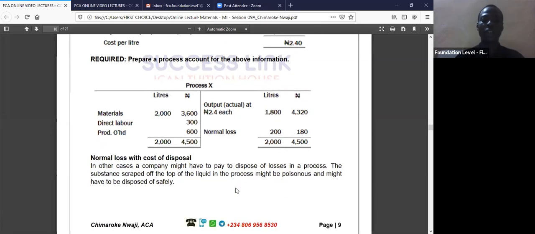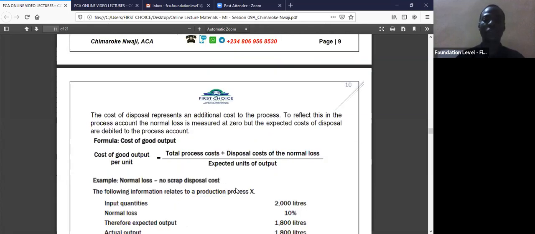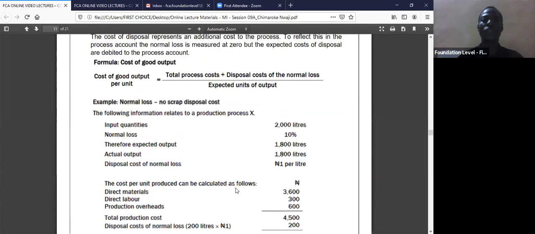Now, normal loss with cost of disposal. It means that you cannot recover anything from the loss. You see, there are three different kinds of loss. The first one is the loss that got evaporated, so to speak.